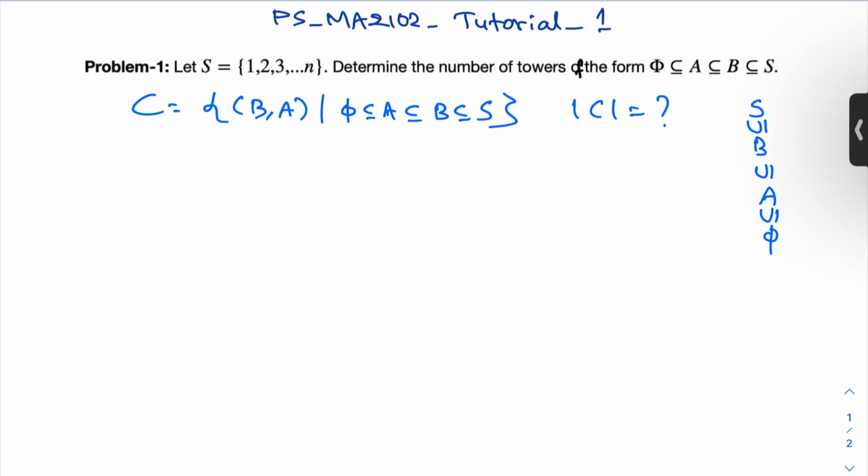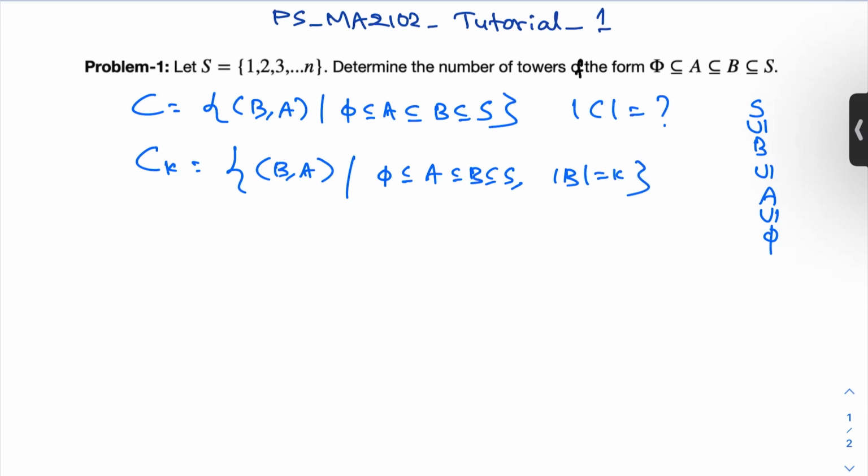First of all, I'm going to classify elements of C like this. Let me define Ck as all ordered pairs (B, A), where phi subset of A subset of B subset of S. Further, the number of elements in B equals k.